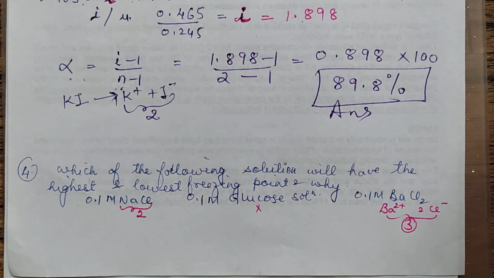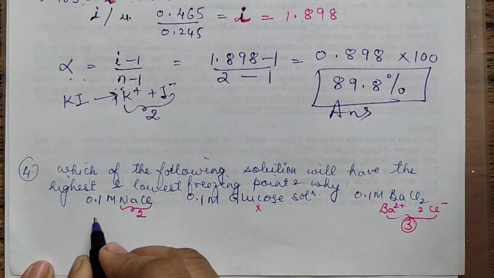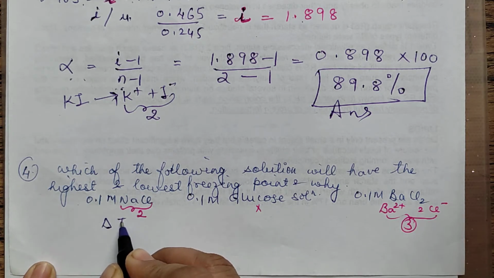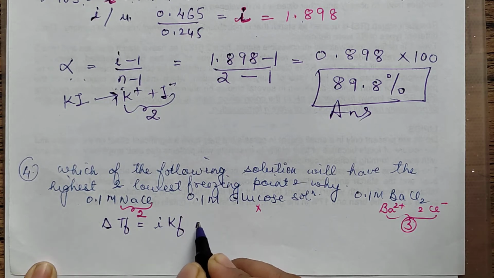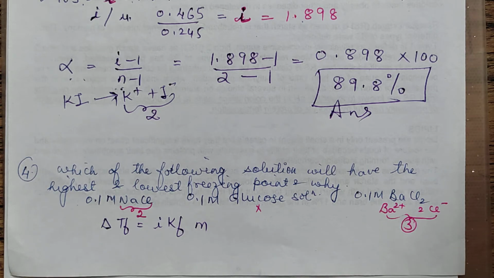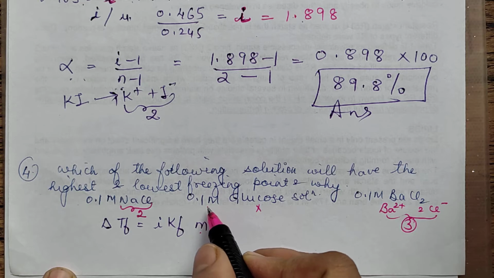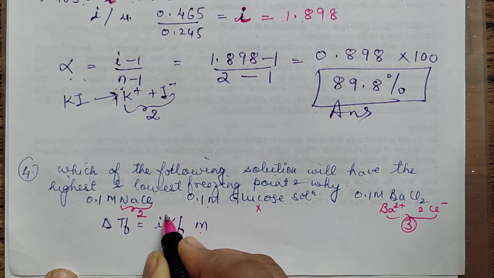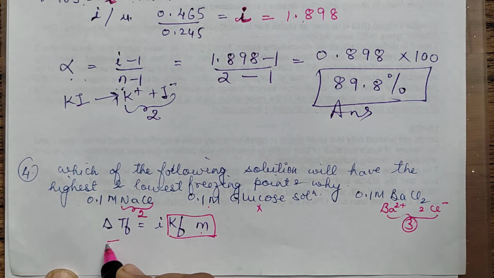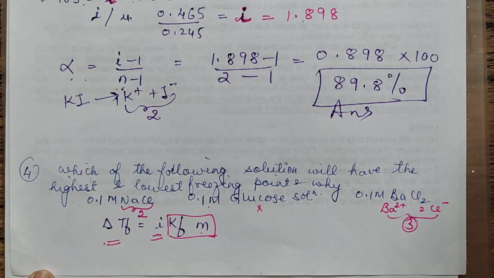So we know that delta Tf, they're talking about freezing point, depression in the freezing point, is equal to i Kf into m. Right? That means the molality part is the same for all. Molality is the same. Molarity is the same, so small m also will be the same. Kf is the same. So ultimately this delta Tf, that is depression in the freezing point, is directly proportional to i.